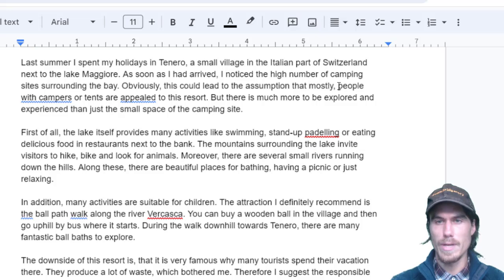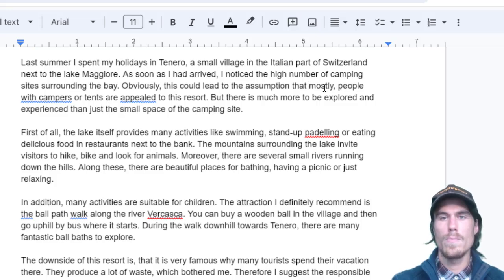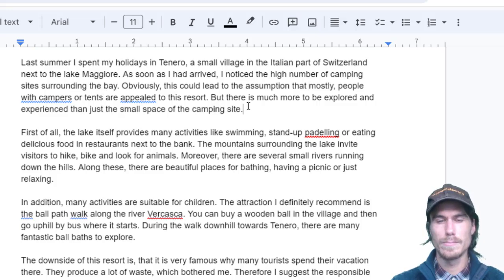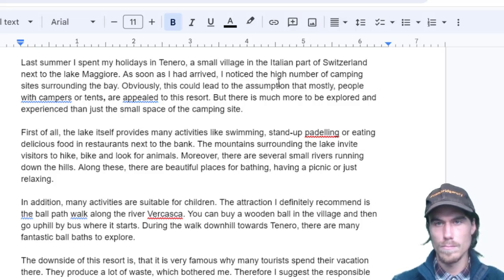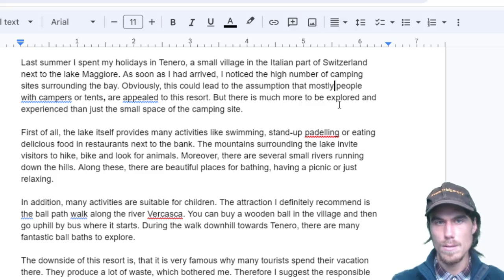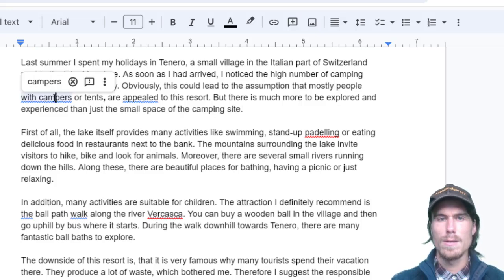I wouldn't put a comma here. I would just say that mostly people with campers or tents, and then put a comma here, are appealed to this resort. Like this. I think it's okay to say campers.